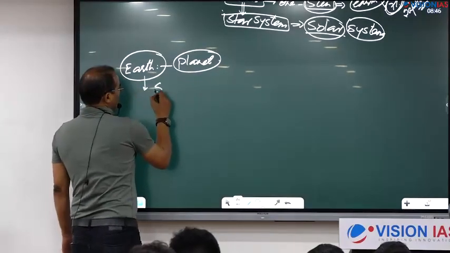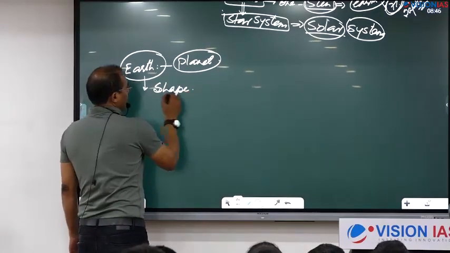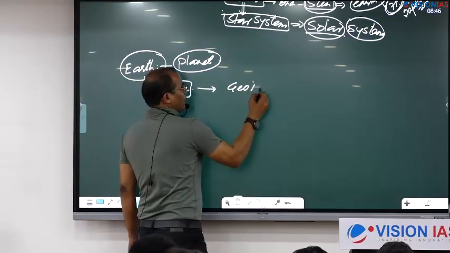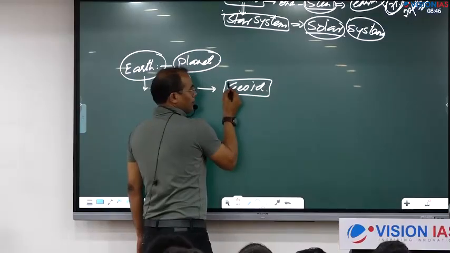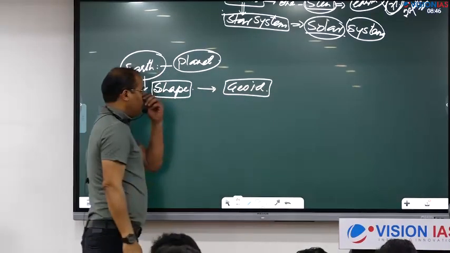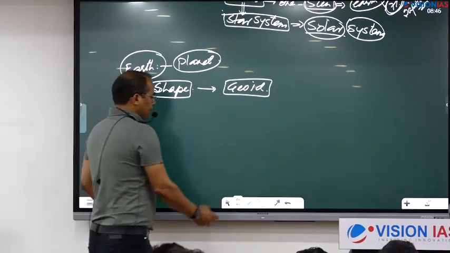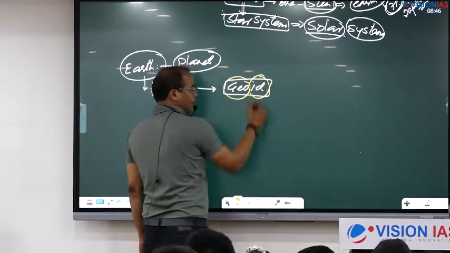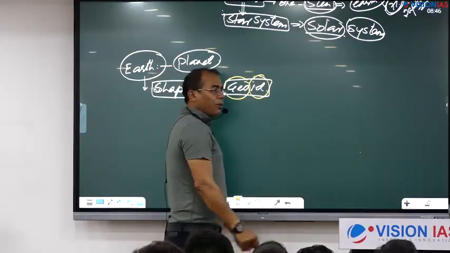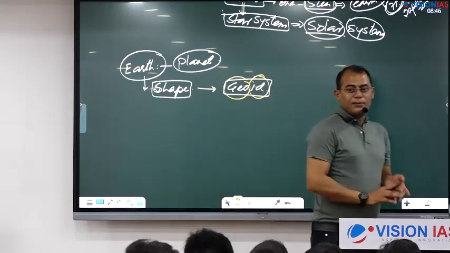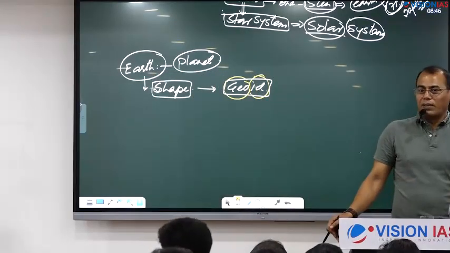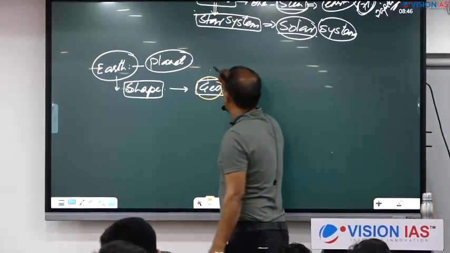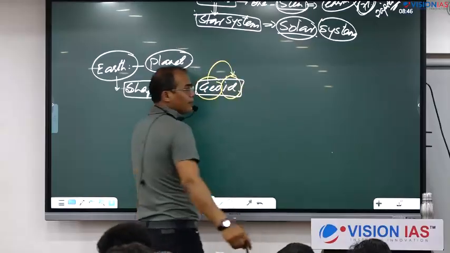Now, what is the shape of the Earth? It's called geoid, right? Geoid. Geo plus ID. Show me your ID. Geo ID. What do you mean by that? Earth has its own ID.